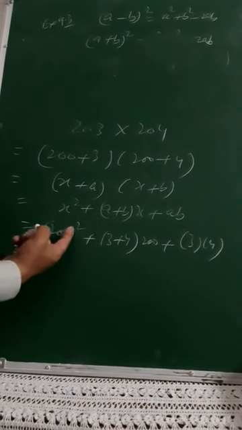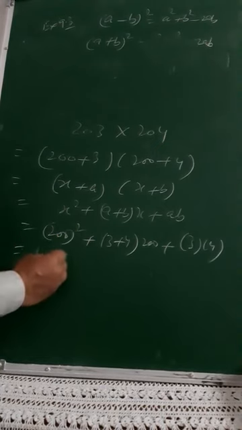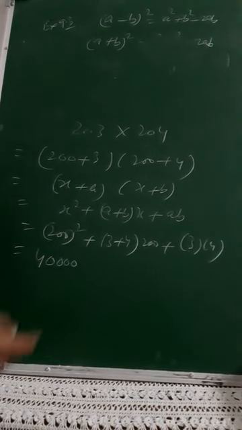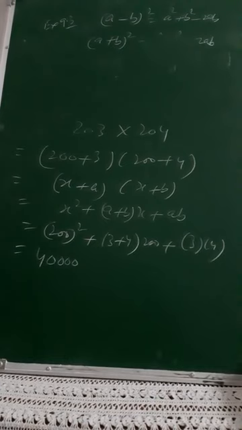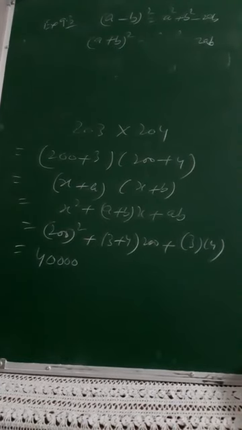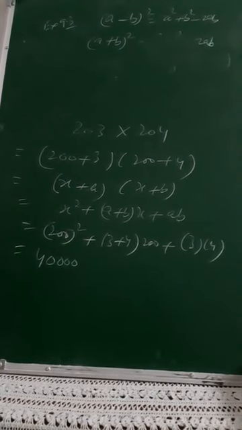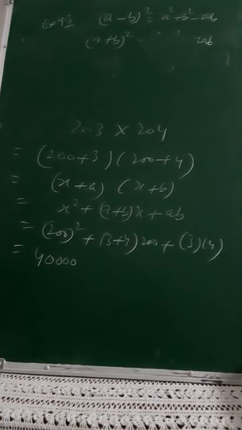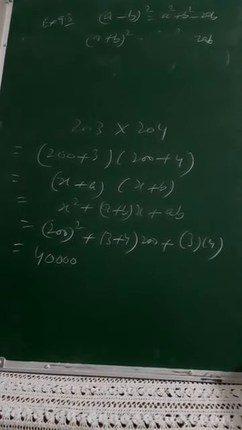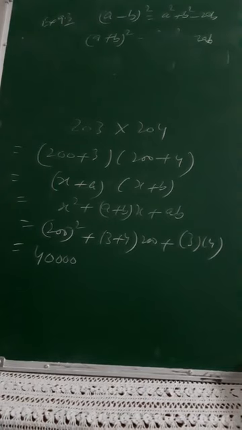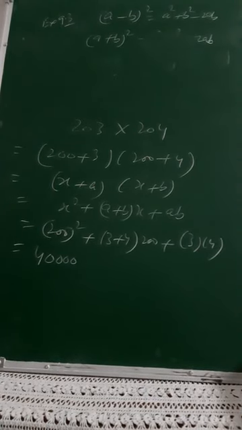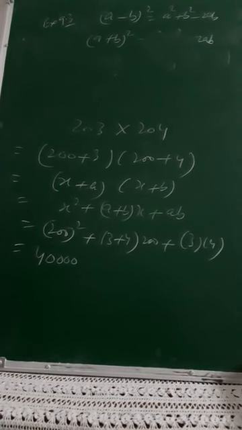Whenever you are taking the square of a number with zeros, your result will always have double the zeros, that is 4 zeros. Make a note of that also. The number of zeros you are squaring, after getting the square, those zeros always get doubled. If it is 10, 1 zero gives 100, 2 zeros. If it is 100, 4 zeros. If it is, suppose, 3 zeros, then after getting the square, 6 zeros will be there.